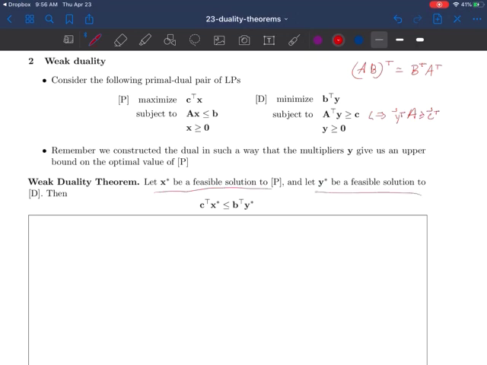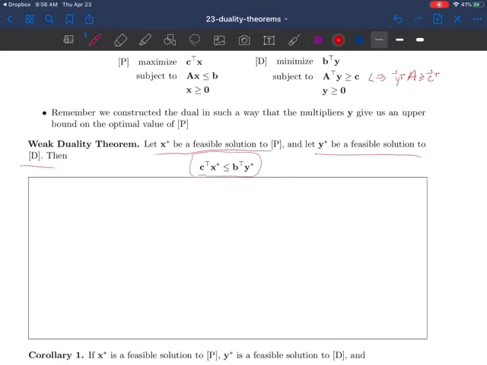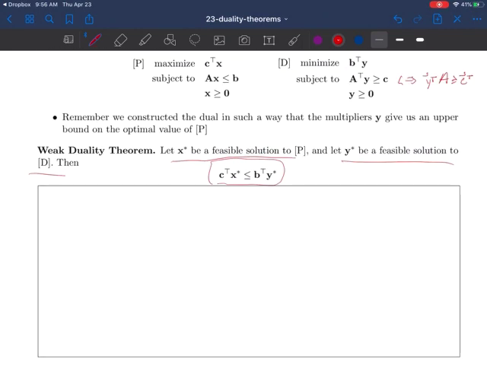Okay. Anyway, the first theorem we're going to start with is weak duality. It says if x star is a feasible solution to the primal and y star is a feasible solution to the dual, then the objectives are bound. And of course, this follows just from the Lagrangian inequality, which we can now write out.